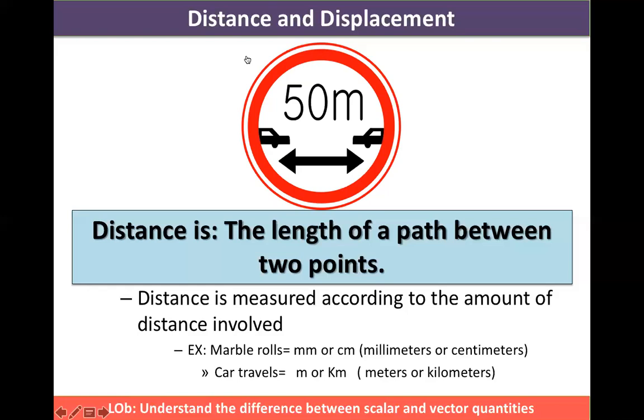So you know the distance from Nicholas Khoo's house to Shaluk's house is 10 kilometers. So distance is basically just the length between 2 points, and it is measured according to the amount of distance involved. So it's basically just how many cm, how many mm, how many meters, how many kilometers.